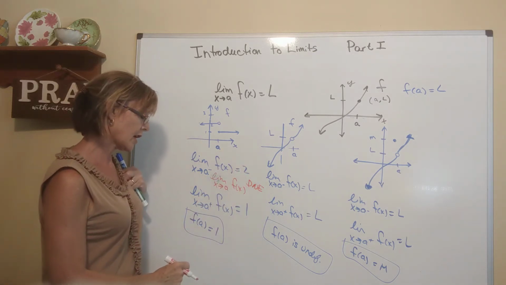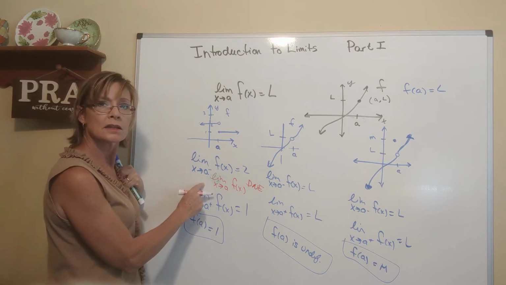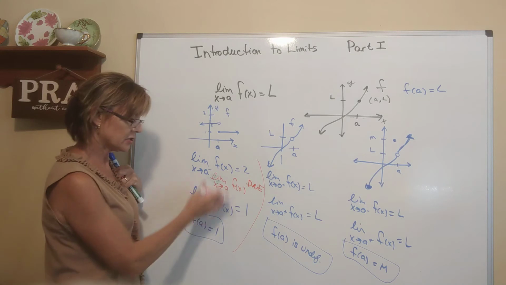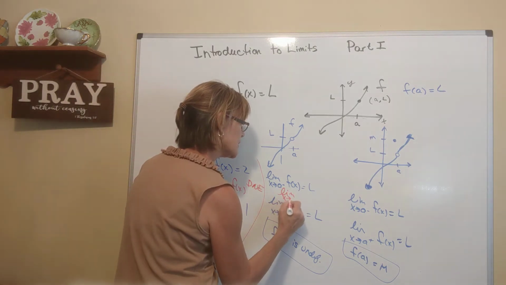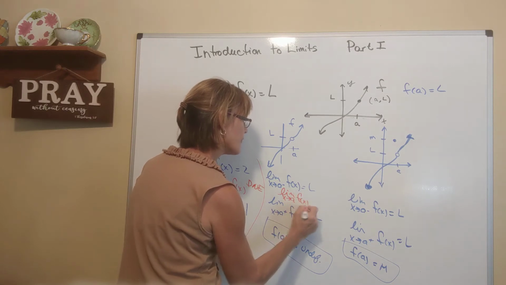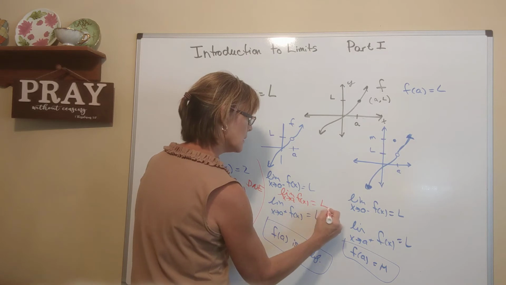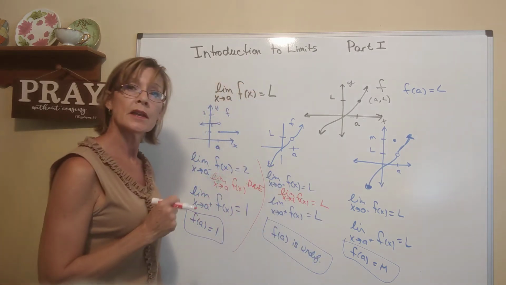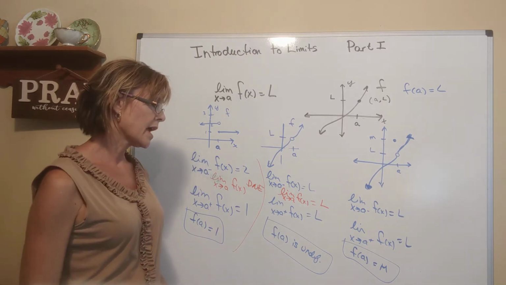Was the function defined at a? It surely was, but that did not matter. The limit did not exist. Okay, those are separate issues. Right here, the limit as x approaches a of f of x: from the left it was L, from the right it was L, and so it agreed. So we'd say the limit as x approaches a of f of x is L. Was x equals a defined?